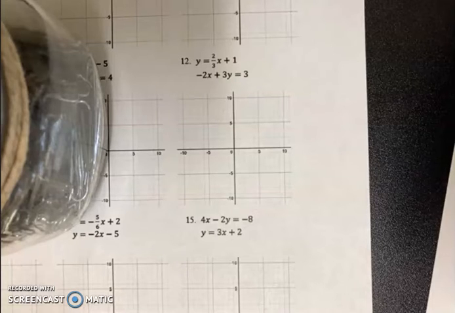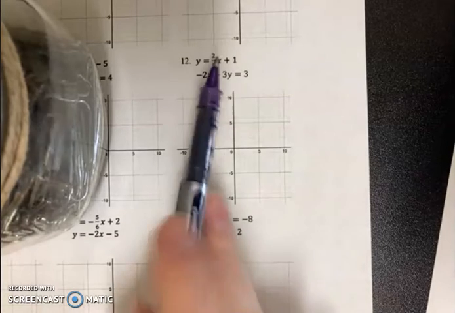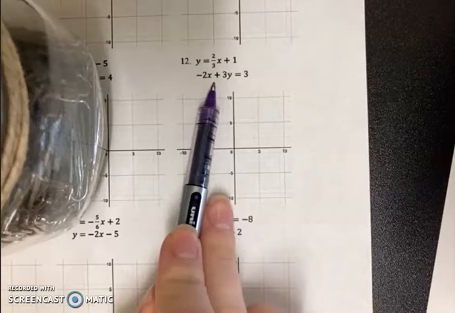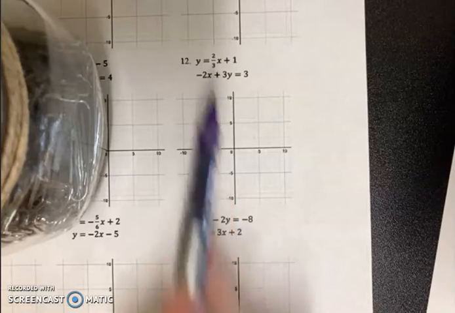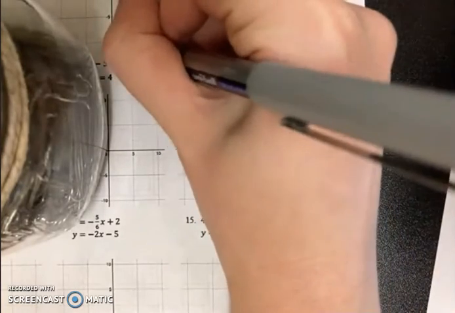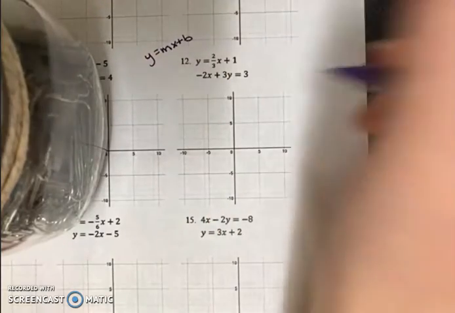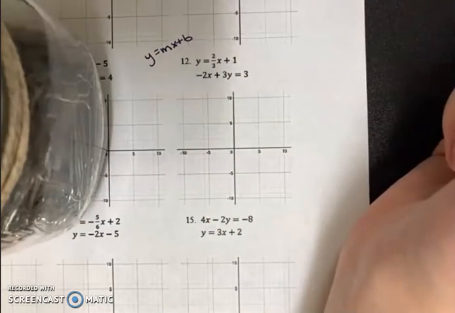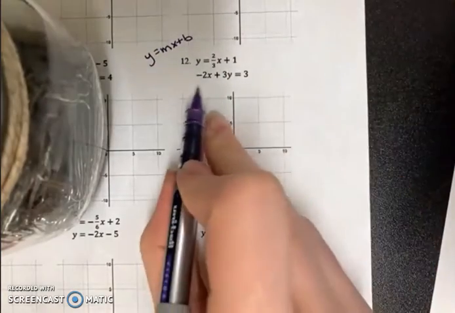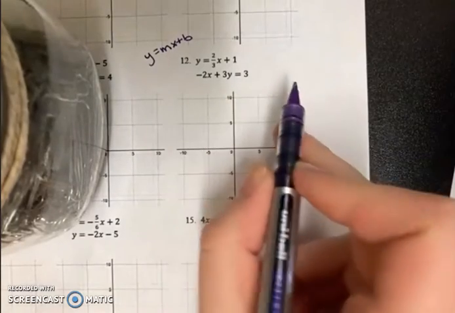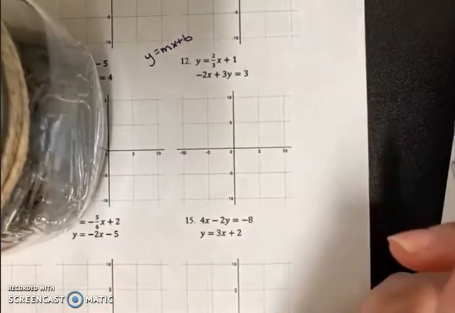Number 12 is a little bit different because both equations are not already written in slope-intercept form, which again is y equals mx plus b. The first equation is, but the second equation isn't. So what you want to do is rewrite our second equation in slope-intercept form.